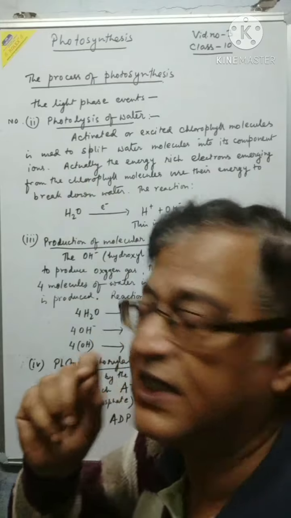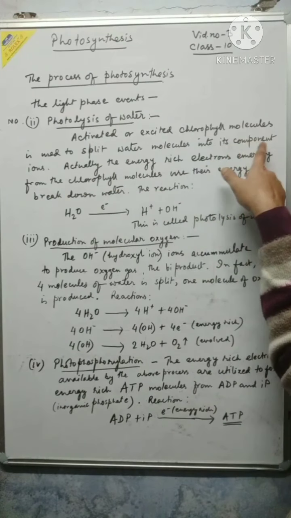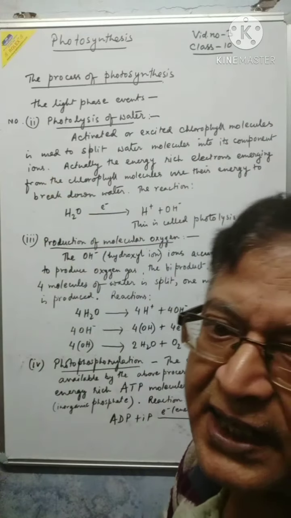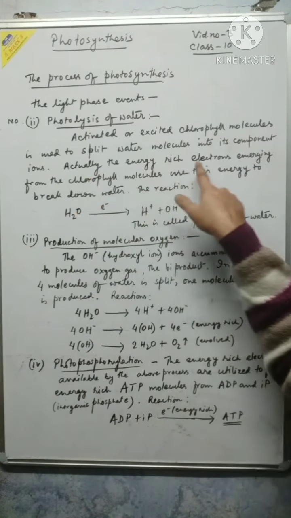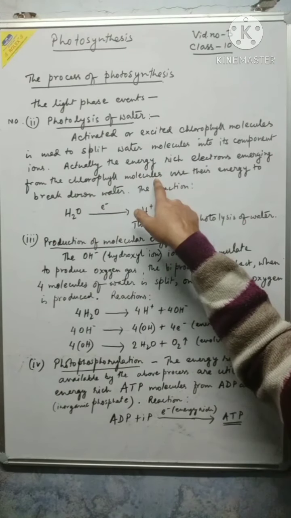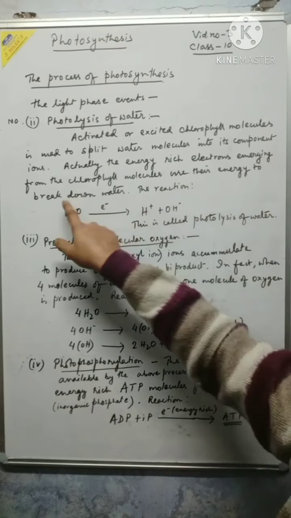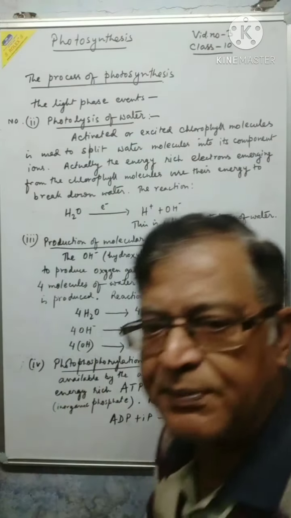These high energy electrons are used to split water molecules into their component ions. The energy-rich electrons emerging from the chlorophyll molecules use their energy to break down water. The reaction is simple.